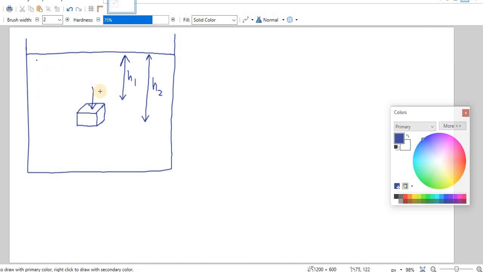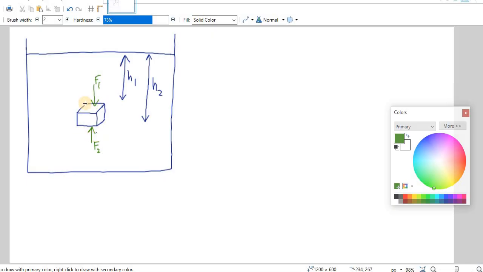Due to the pressure we have a force there, and the force at the bottom is greater. I will use a different color. So we have a force here and also a force here. This force F2 will be greater than the force here F1.